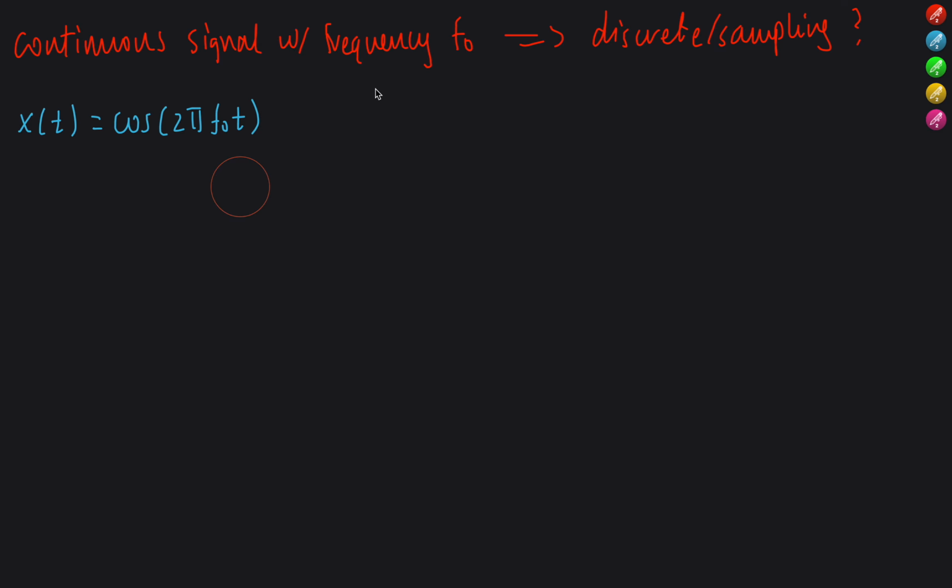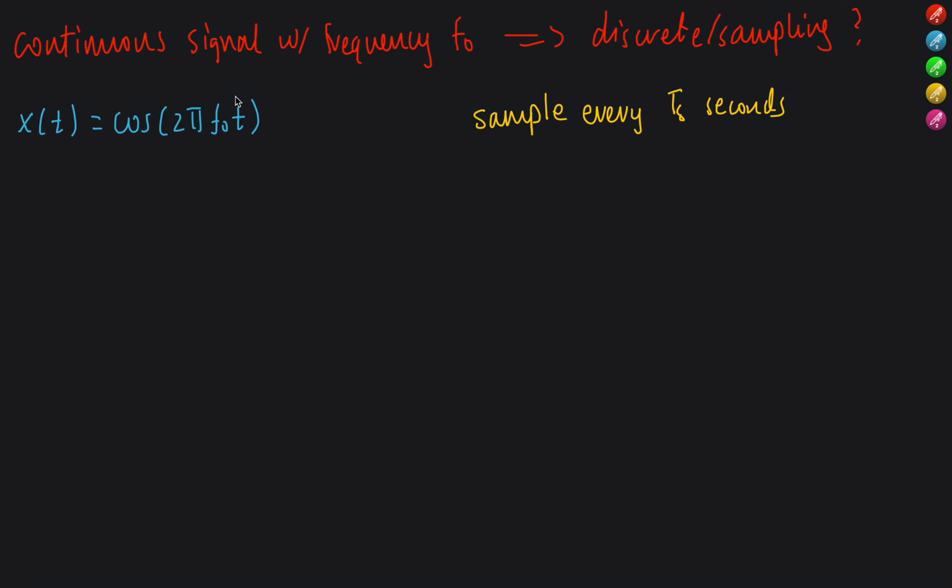In the discrete world, we sample every Ts seconds. Say Ts is 0.5 seconds. That means every 0.5 seconds, I'm clicking a button and saying, hey, record the signal at this point. And I push that button every 0.5 seconds.